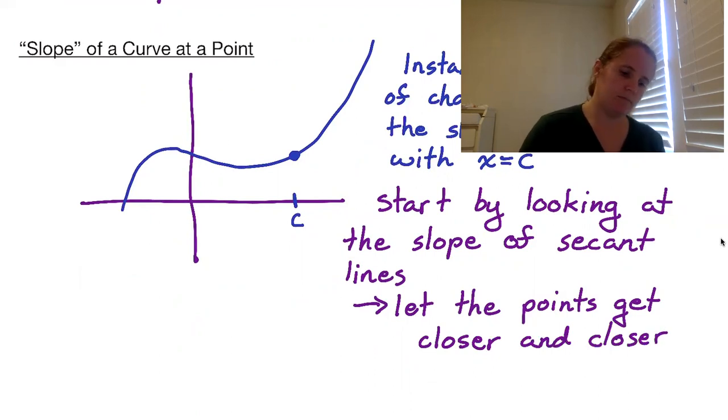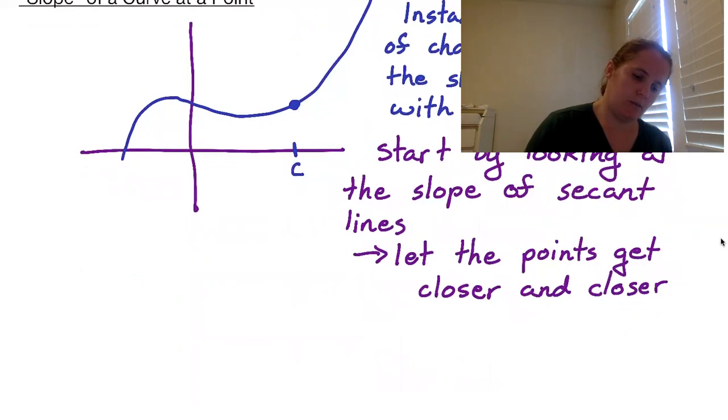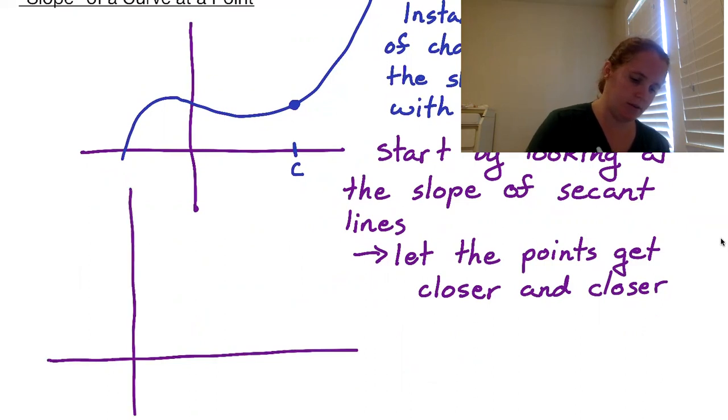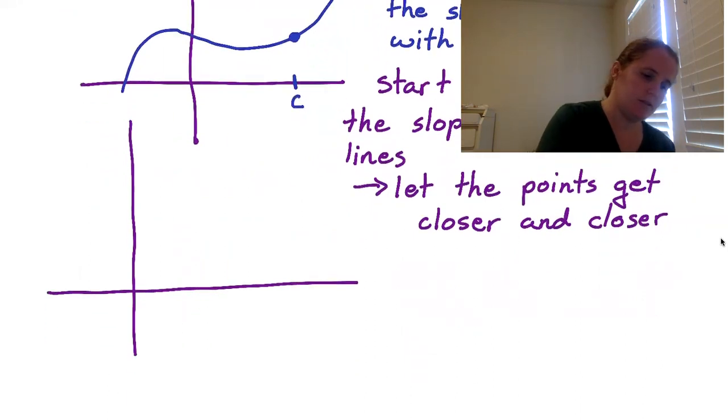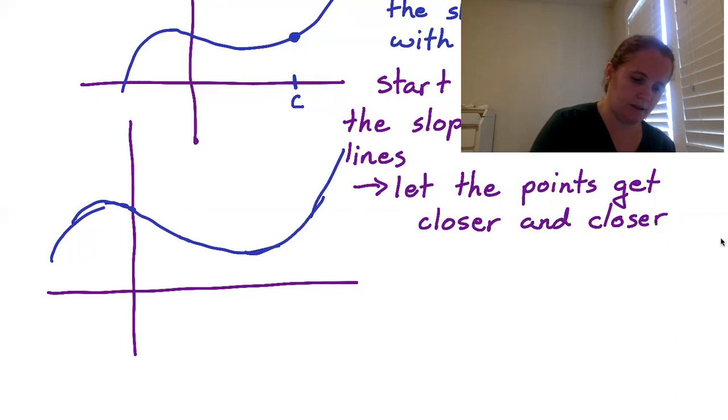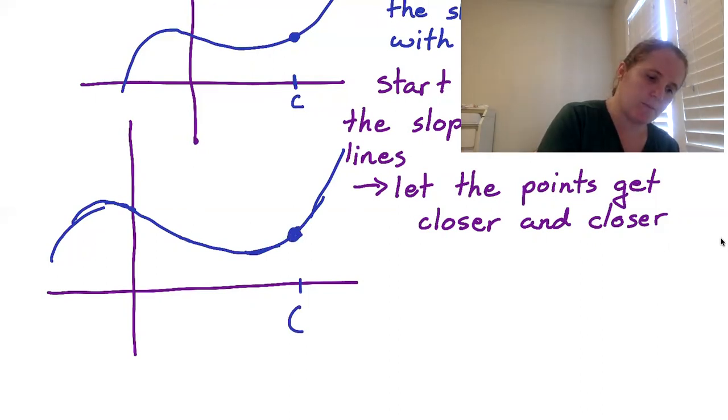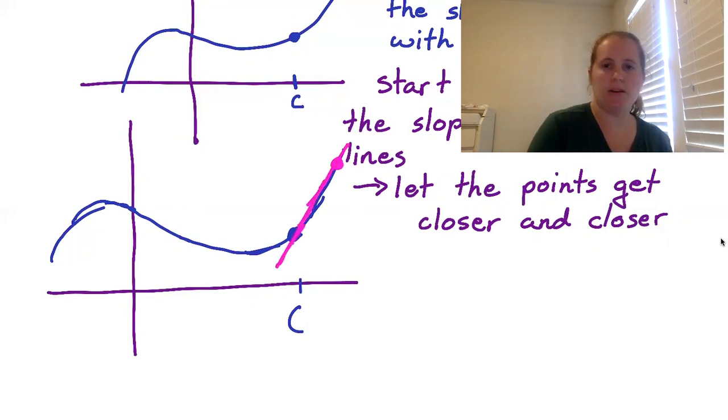So what we can do, again, I'm going to just redraw our picture and zoom in a little bit. So we have something going on like this. Here's our C. So what I can do is pick, say, a point here and study the line that connects the point at C to that point.